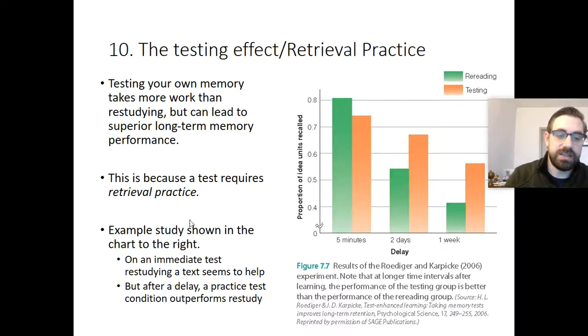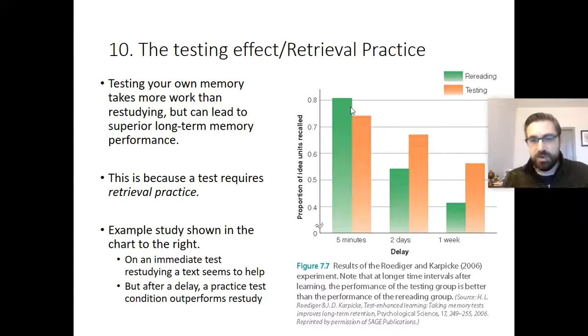So essentially in these studies, they'll have people read information and then they'll either reread it, like go back and read that chapter again, or read this summary of it, or they'll test people on the information. And it turns out that right away, going back through the text is a little bit helpful, right?